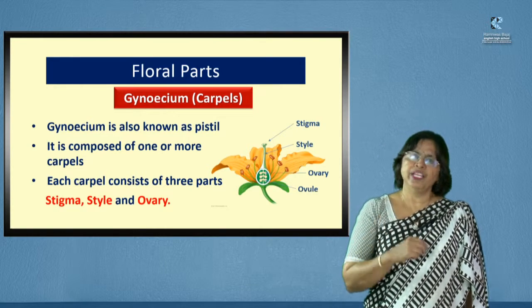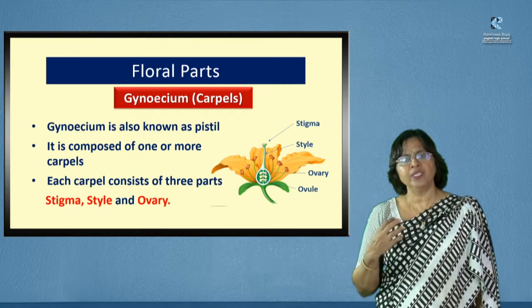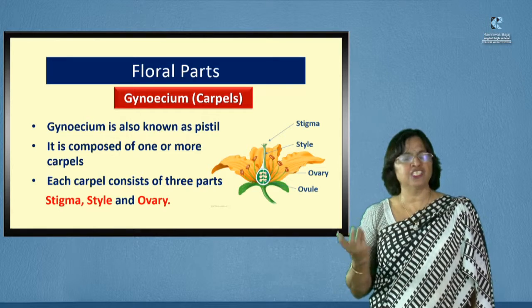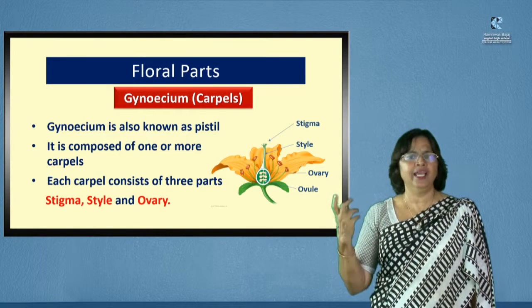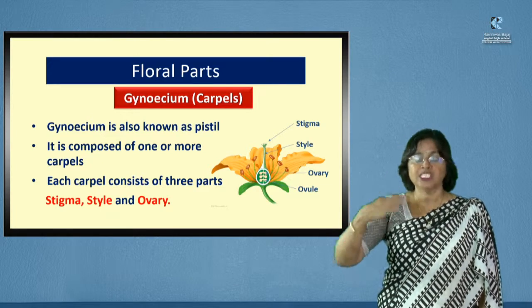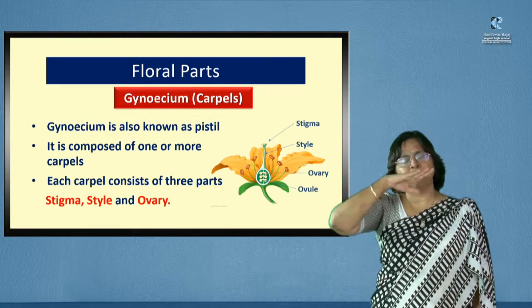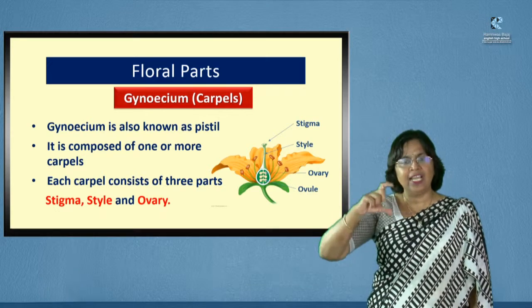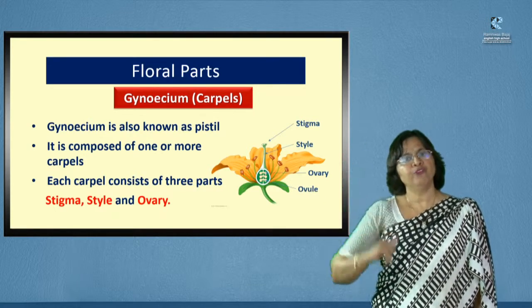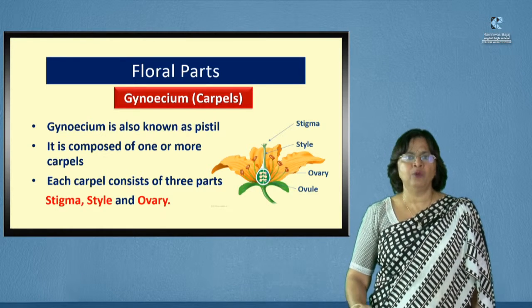Now coming to the innermost whorl, the gynoecium. How is that adapted? Gynoecium, we know, consists of carpels, each carpel consisting of stigma, style and ovary. The style is the long thread-like structure which holds the stigma out and away from the ovary, which is deep down into the flower.